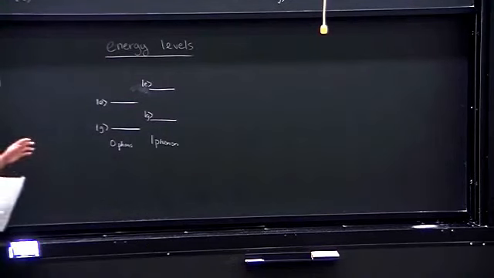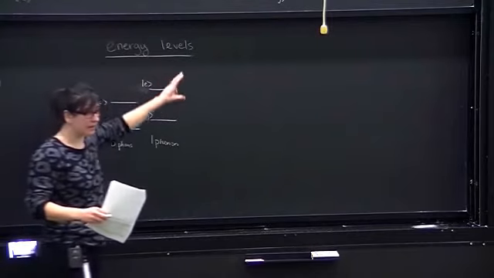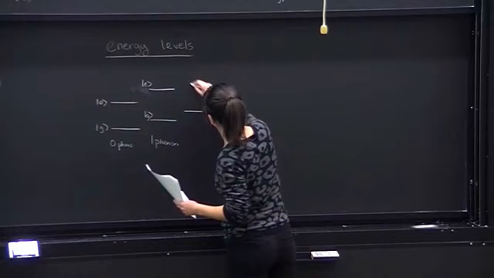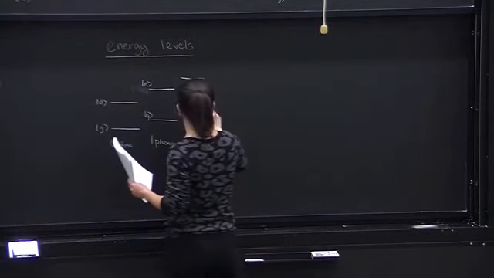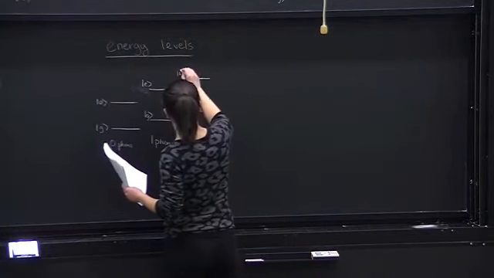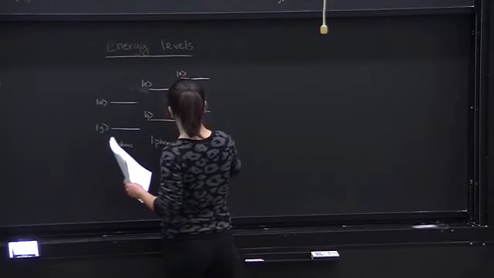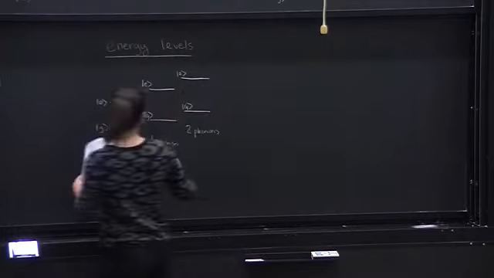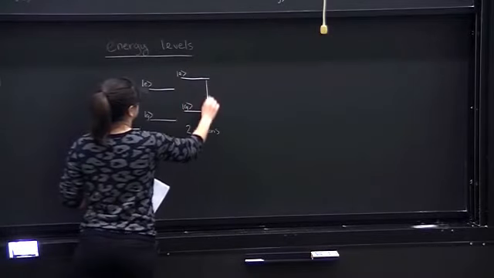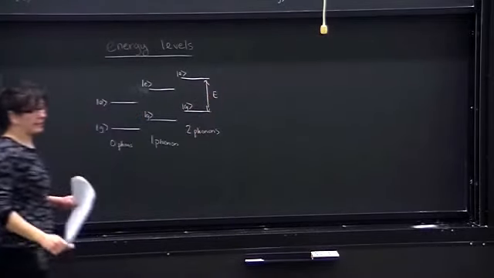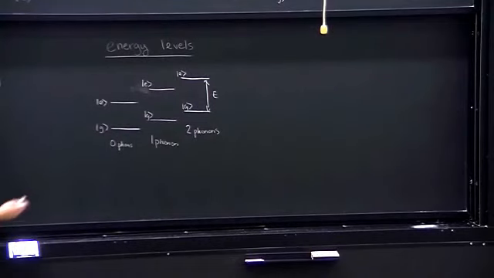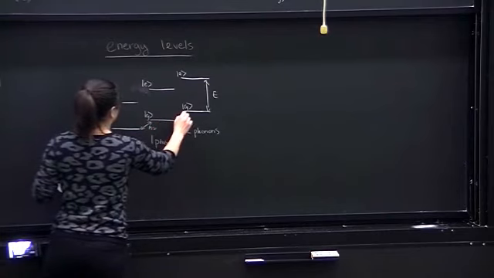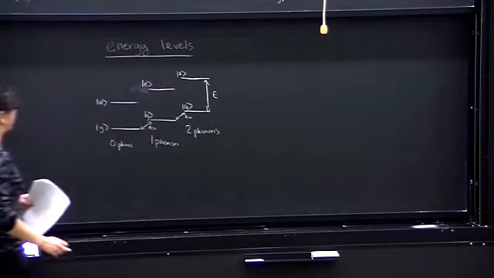And because it's a harmonic oscillator, the next one is going to be just another unit of energy. Each of these is spaced by energy E, and each of these is energy h bar nu.